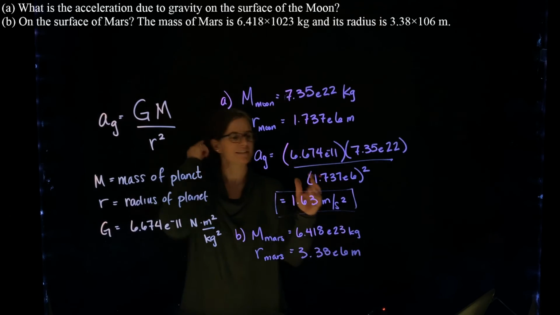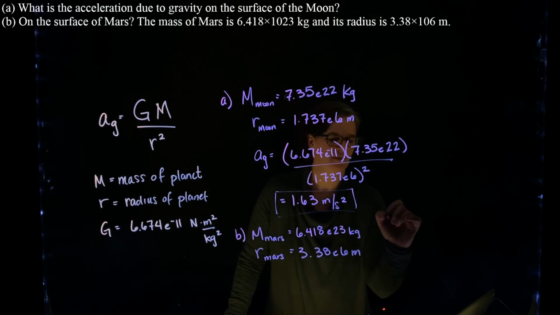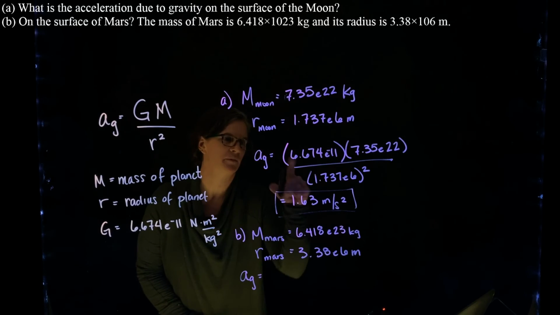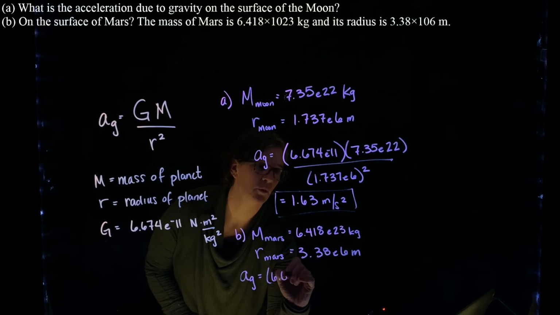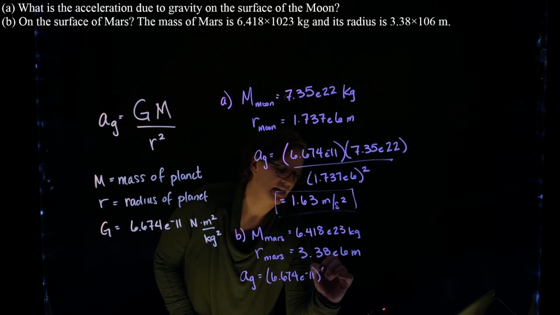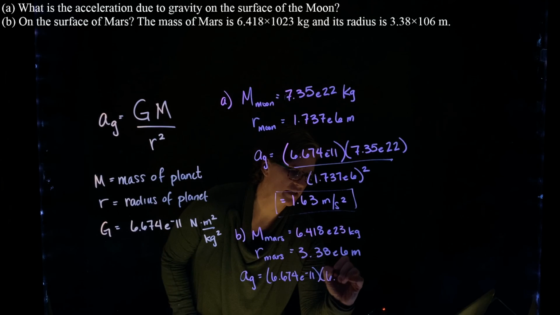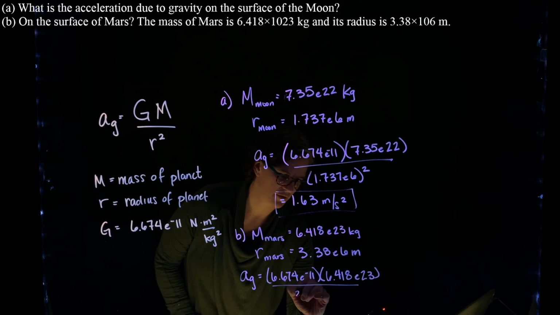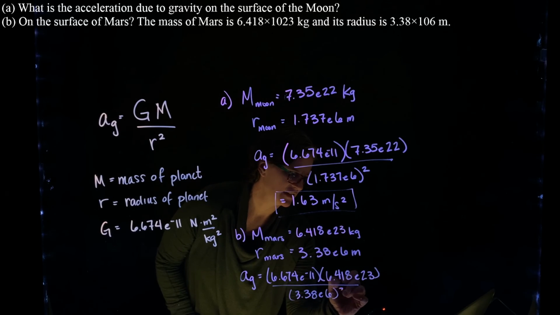And so we do the same situation we did up here. The acceleration due to gravity on Mars is going to be G, so 6.674 times 10 to the minus 11 times the mass, 6.418 times 10 to the 23rd, all over 3.38 times 10 to the 6th squared.